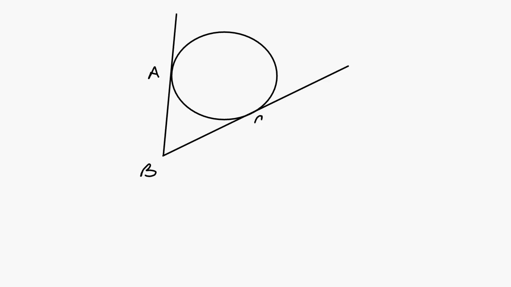You're given a 102. Arc AC is 102. And you're asked to find the measure of angle B. So this angle right here, it's outside the circle.